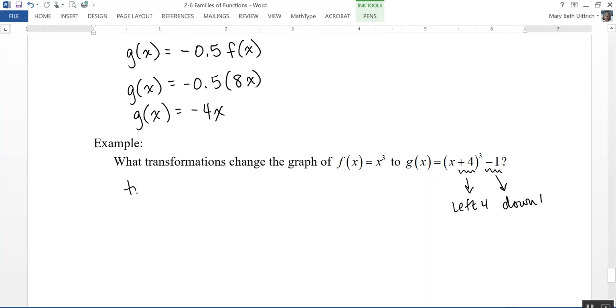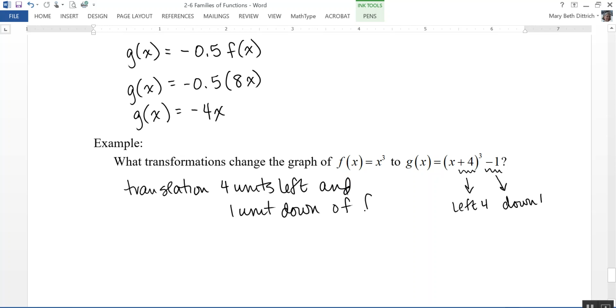So I have a translation of 4 units left, and 1 unit down of the function f of x equals x cubed.